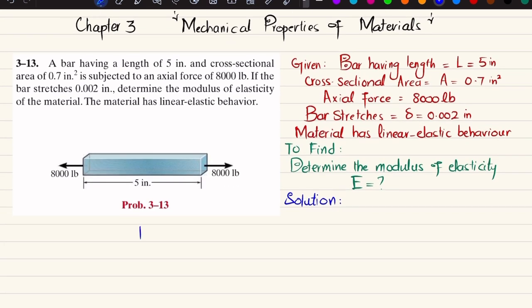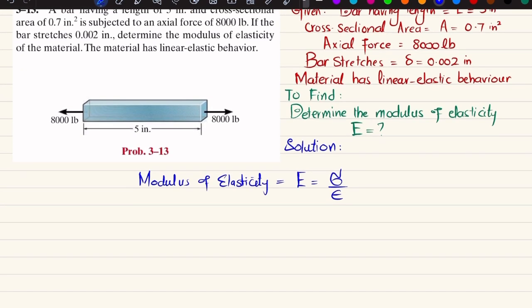As we know, the modulus of elasticity, E, is equal to stress divided by strain. We do not know stress and strain, so first we will determine stress. Stress here is equal to axial load divided by the area over which it acts. Axial load is 8,000 pounds and area is 0.7 square inch.